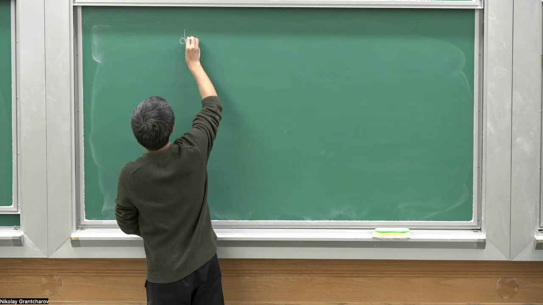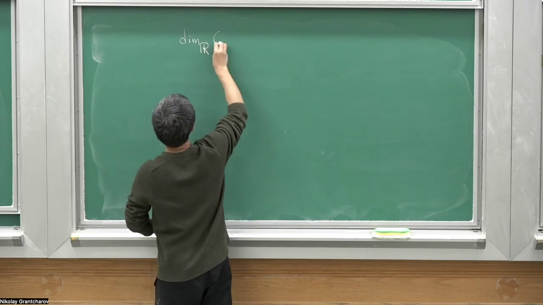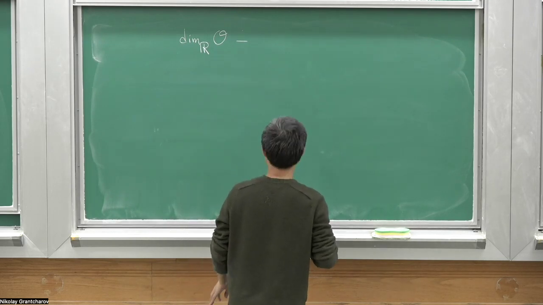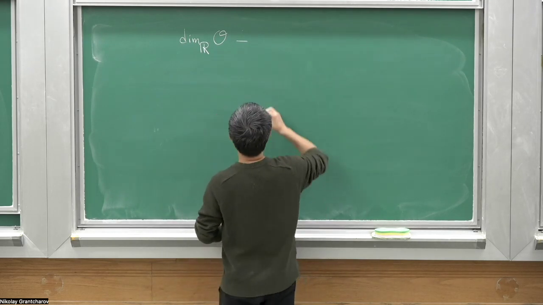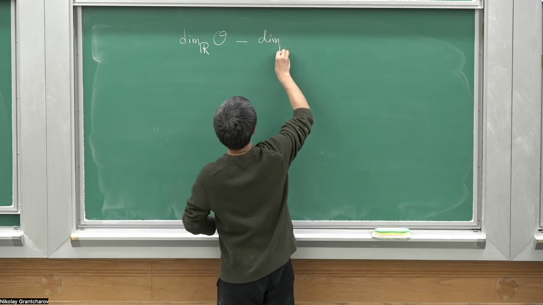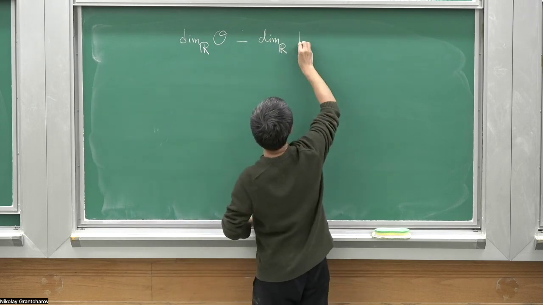So I take the real dimension of the orbit and I subtract the dimension of the maximal compact.